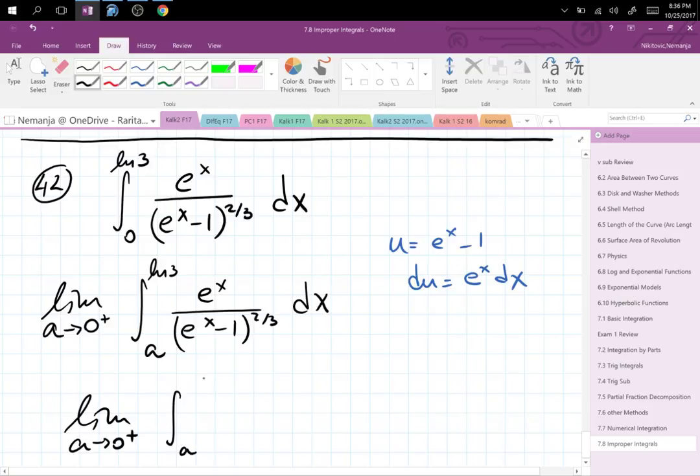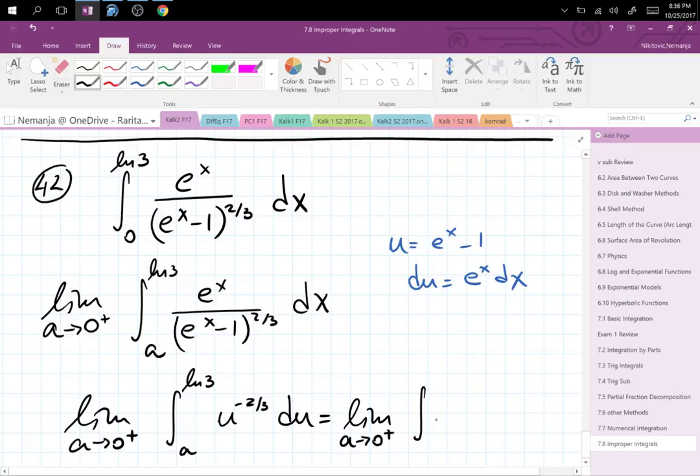Integral. I should be swapping these limits, but since I'll go back to x, I don't have to change this one as well. So just briefly, we have u to the negative 2/3 du, and what do we get?